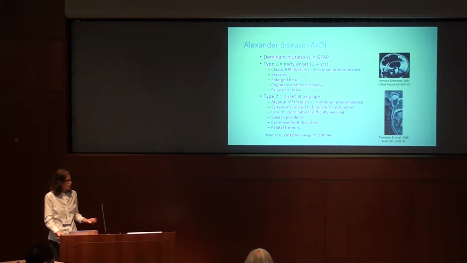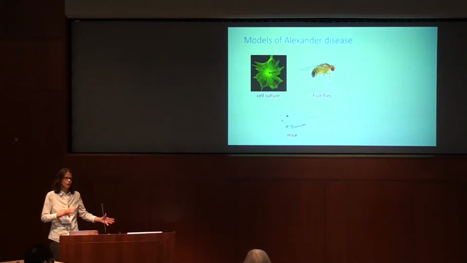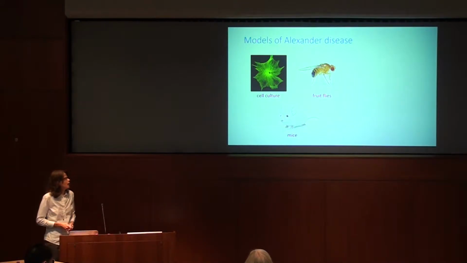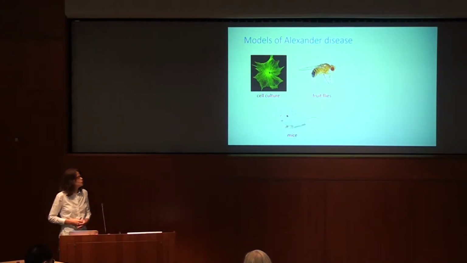So when we're thinking about GFAP mutations and the things that are happening on the molecular level and how these end up manifesting in what we see as Alexander disease, we've made several different model systems to try to understand how you get from one point to the next. And you've already heard a little bit about some of the model systems from Mel. Originally, some of the models were basic cell culture systems where we tried to overexpress mutant GFAP in cell lines.